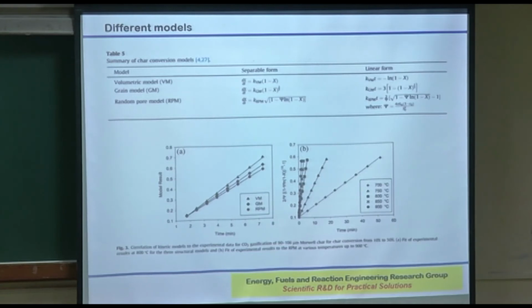So in this instance, all the experimental data at that particular temperature are falling on the straight line. So they are linear, which means it matches with the volumetric model, or in fact the shrinking core model or the random pore model for that particular char.